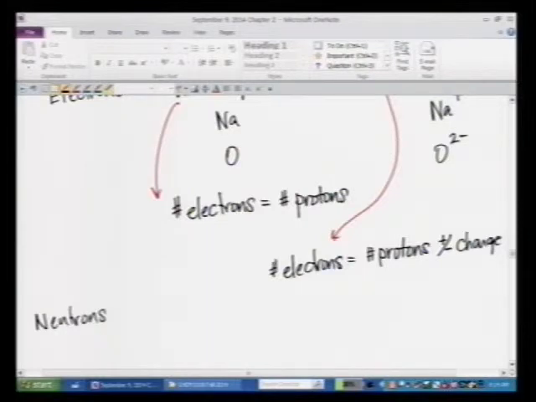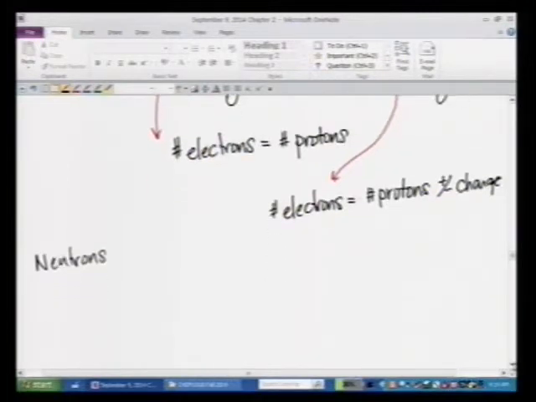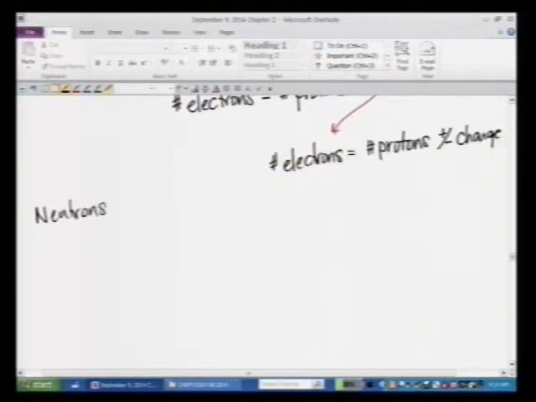Okay, so neutrons are located in the nucleus, they have 0 charge, but they have 1 unit of mass. So charged, uncharged doesn't matter because they don't affect the charge of an atom. What they do affect is the mass of an atom. So for neutrons, I want to make sure I write this down properly for my notes here.